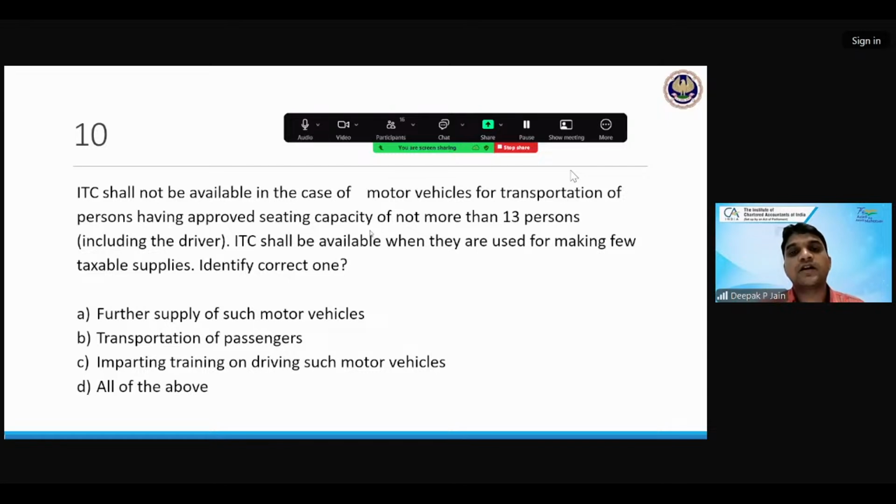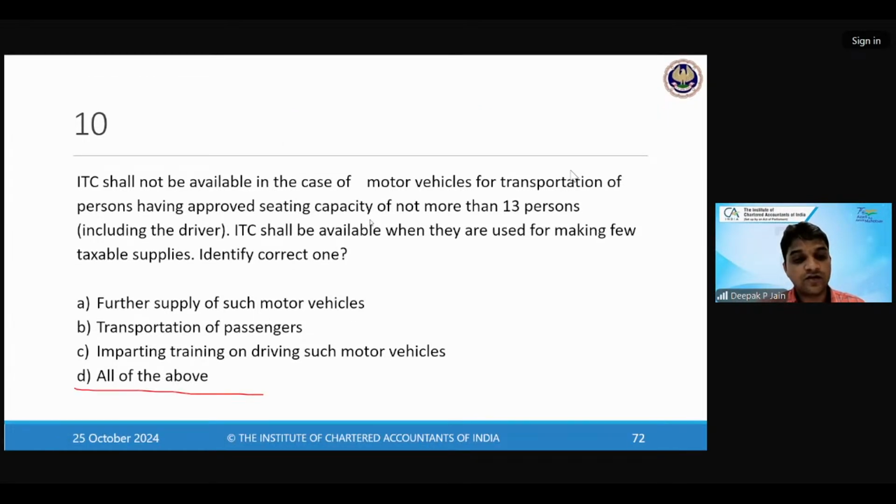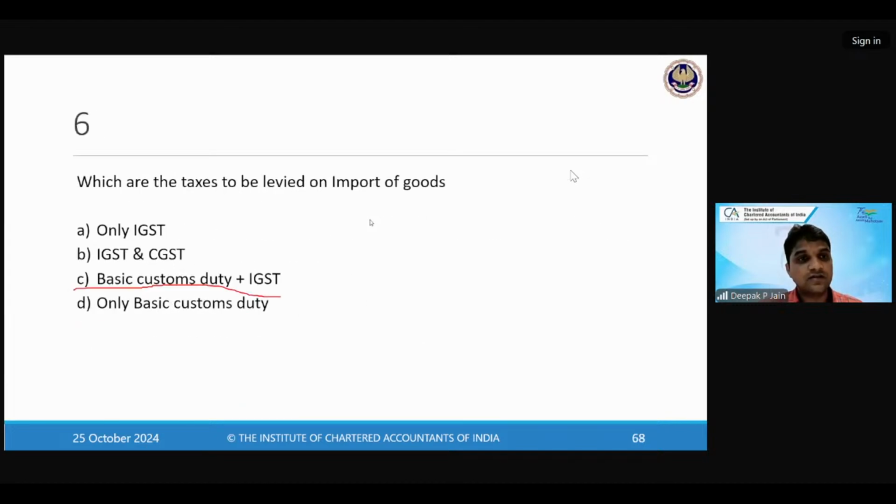Tenth one, D. Correct. So 10th answer is D. Somebody was asking for the answer to question number 6. It is basic customs duty and IGST.